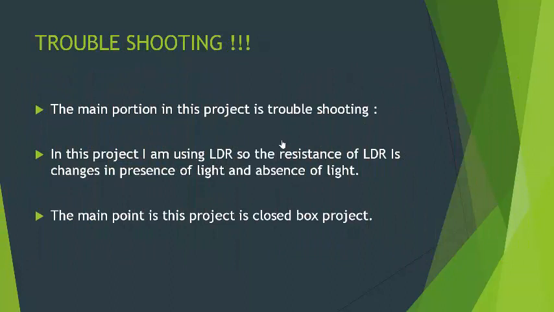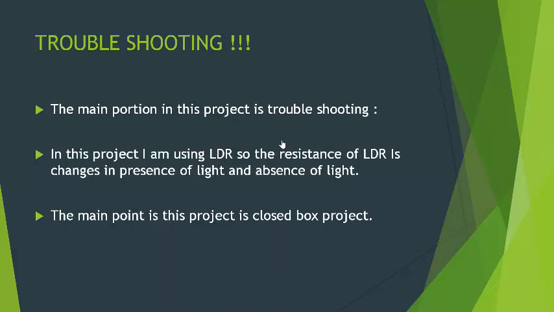The main portion of this project is troubleshooting, how we overcame our problems and how we completed this project. In this project, I am using an LDR. The resistance of the LDR changes in the presence and absence of light.